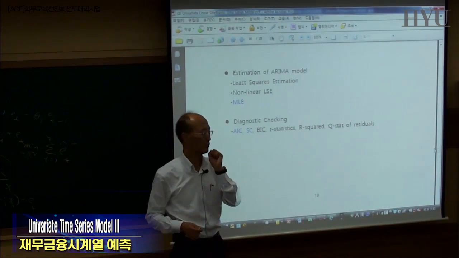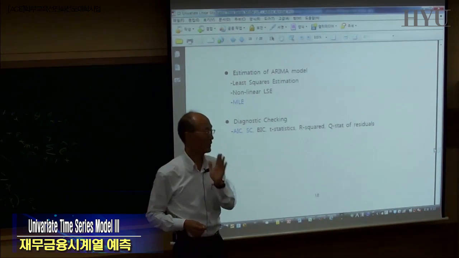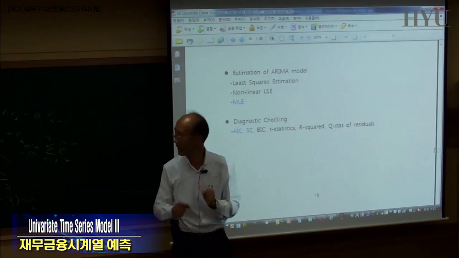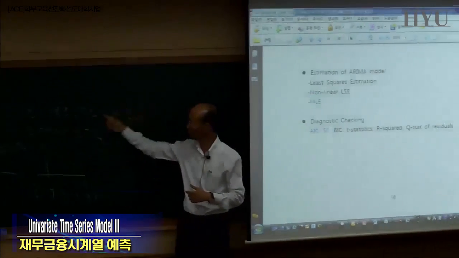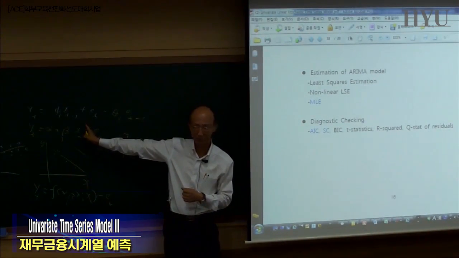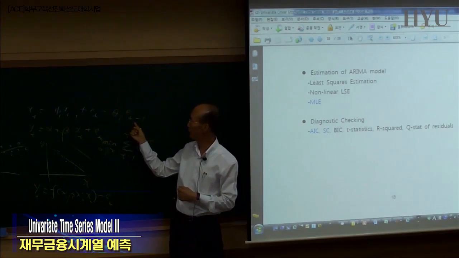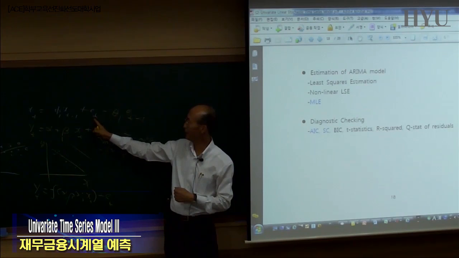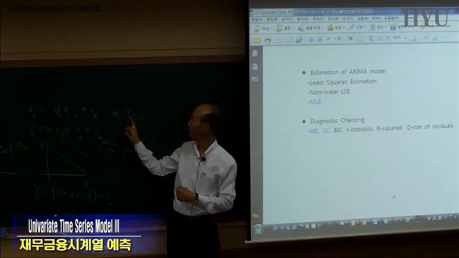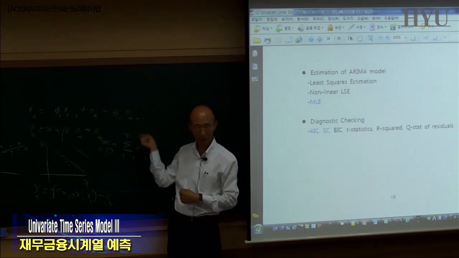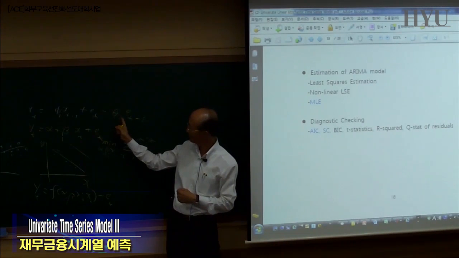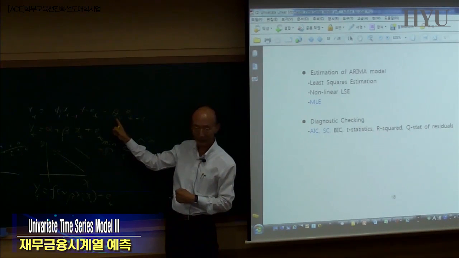So you can assume E of 0 is 0, and then you can recursively construct E of t. So if you start from there, then E of t is some function of previous values of this one, which makes it nonlinear in theta 1.